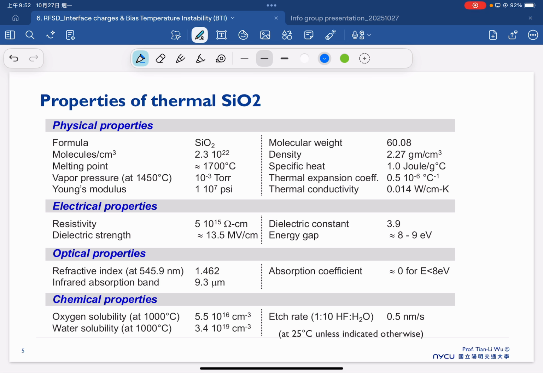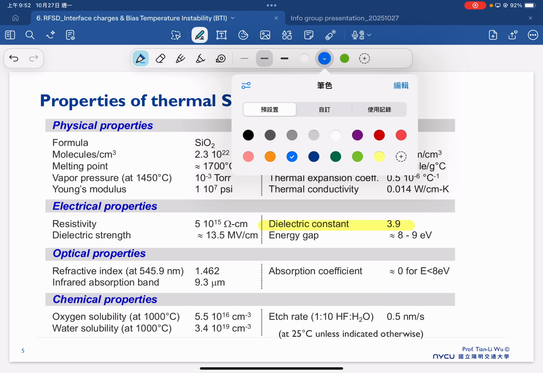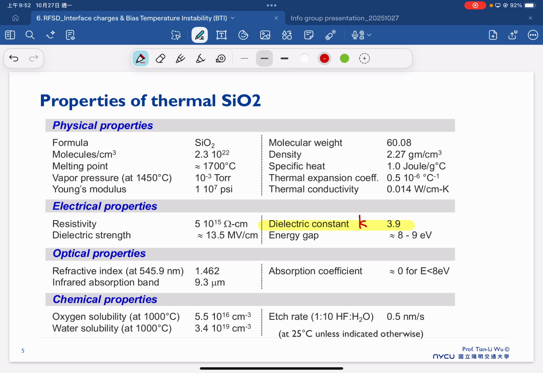With this, of all the properties, the most important one is this dielectric constant of 3.9. This is a number that you should keep in mind, because it is how we define a high K or low K material.